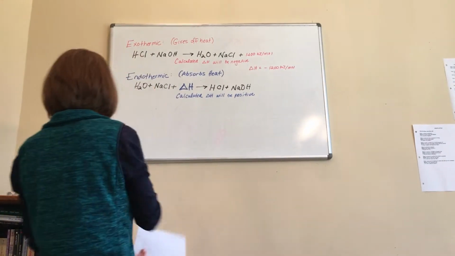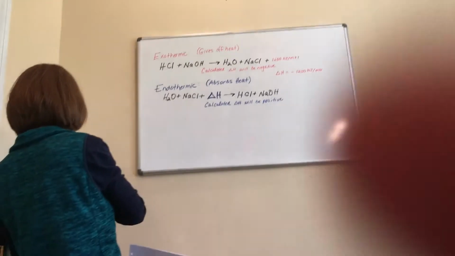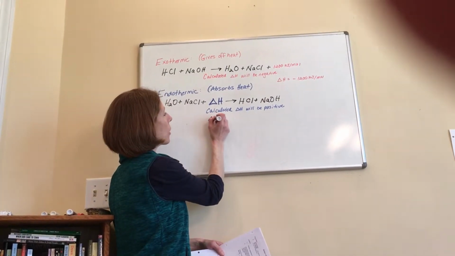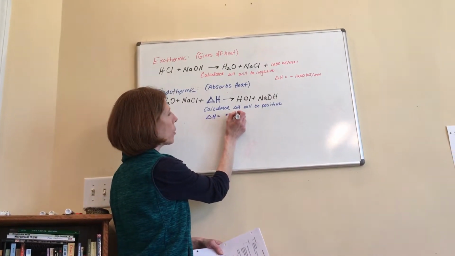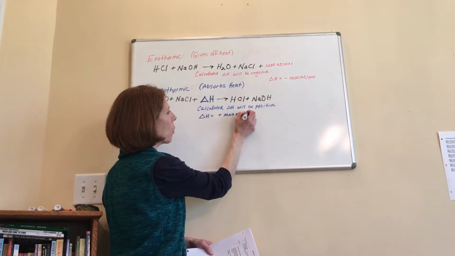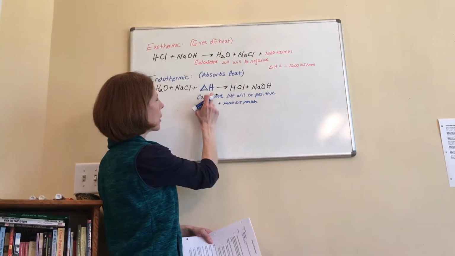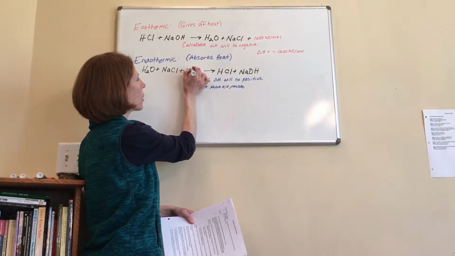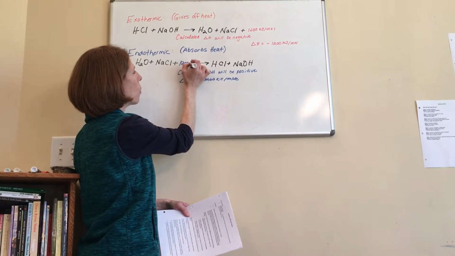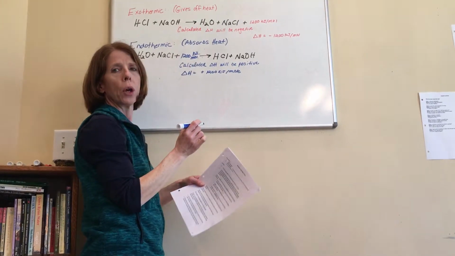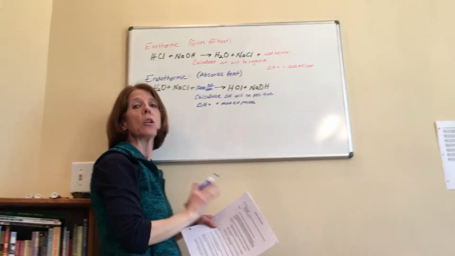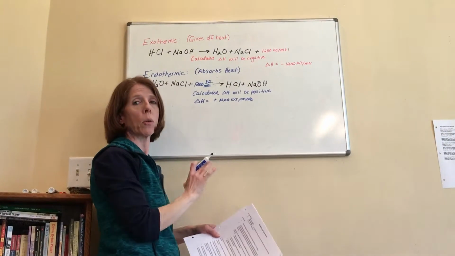Likewise, for this bottom reaction, we would have a delta H equal to positive 1200 kilojoules per mole, and we would list it right here as a stoichiometric equivalent as 1200 kilojoules per mole. Now, once we have this number in our chemical reaction, you use it just like any other stoichiometric equivalent.